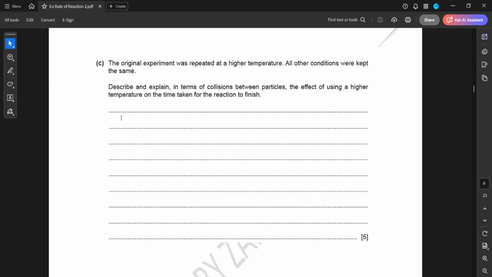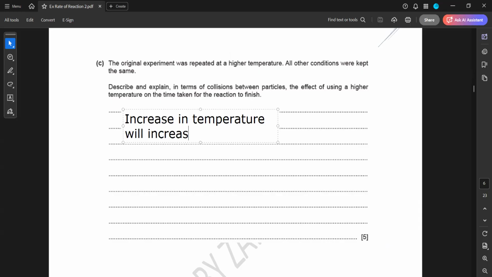So first, when we increase the temperature, and I will tell the marking scheme answer as well, like the mark distribution. Increase in temperature will increase the kinetic energy or speed of the particles.